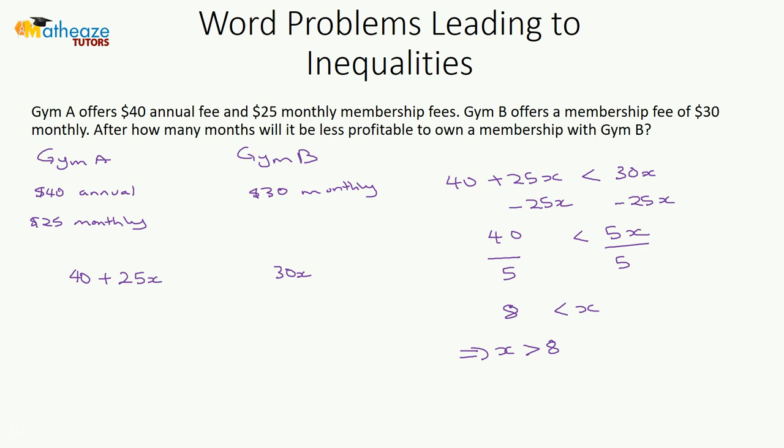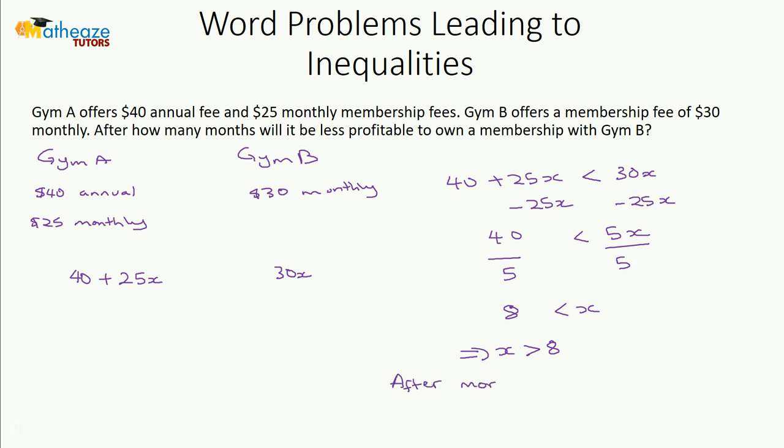So this means that it's going to be after more than 8 months, so the number of months will be 9 or more months. Should you expect Gym A to be more profitable than Gym B, or Gym B to be less profitable than Gym A?